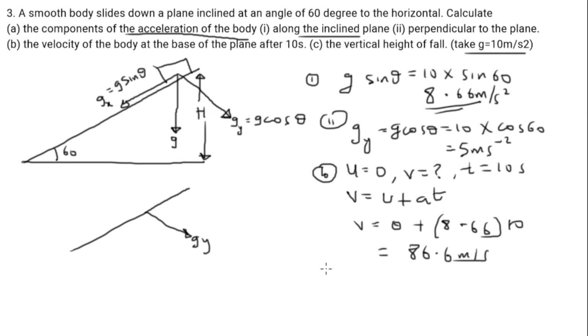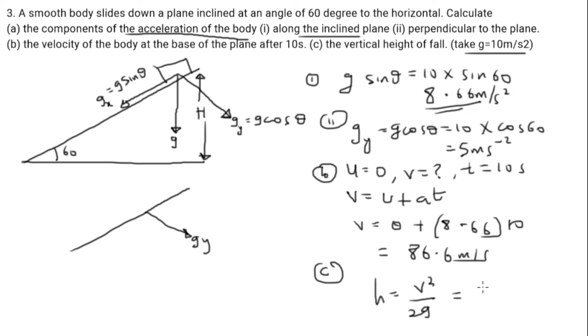Now the c part is the vertical height of the plane. To find it, we use a formula which will be very useful in this case: h is equal to v squared upon 2g. Notice that I already derived the formula at the beginning of this video.